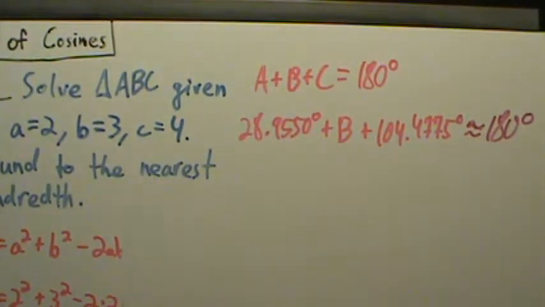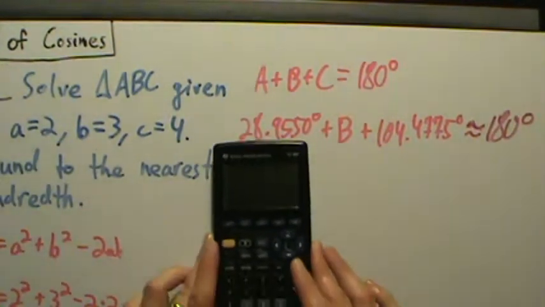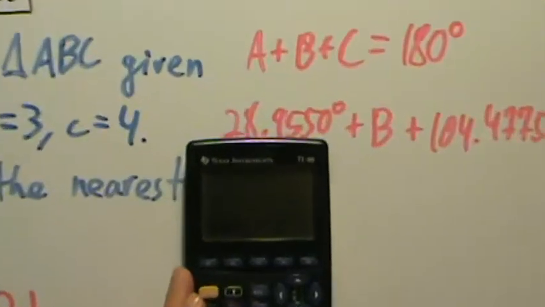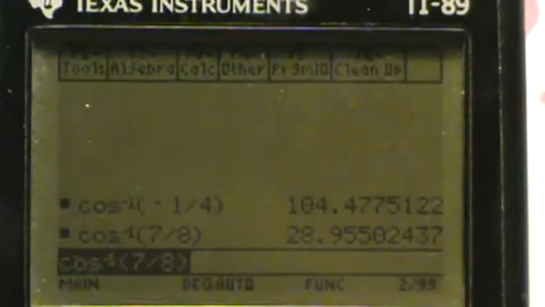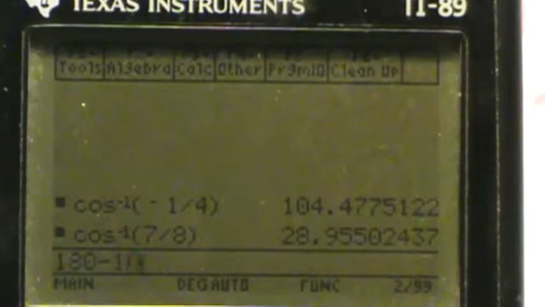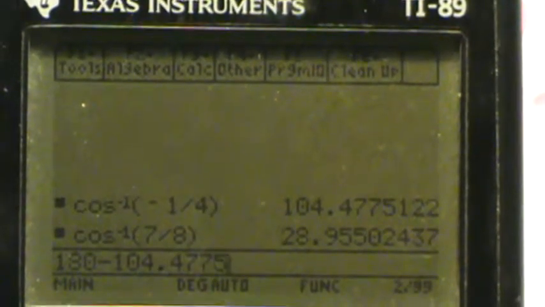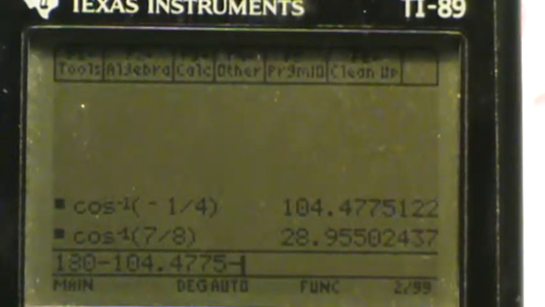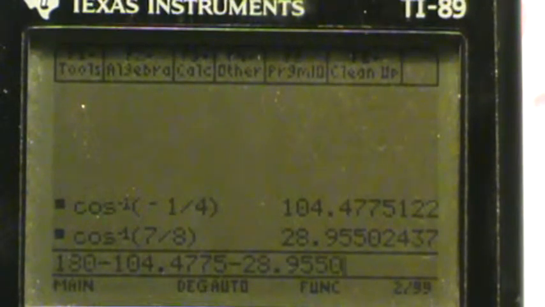Now we just subtract these two from 180. So go back to our calculator. And then what we say is 180 degrees minus 104.4775 minus 28.9550.